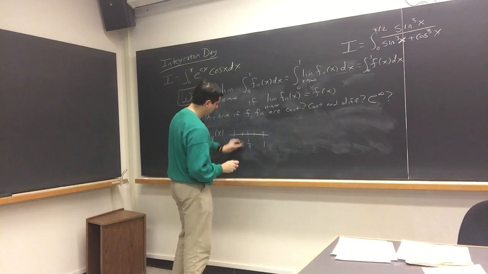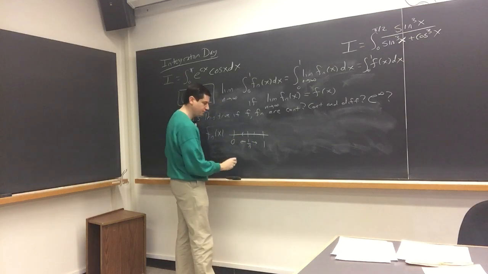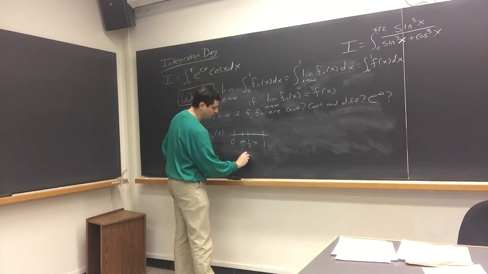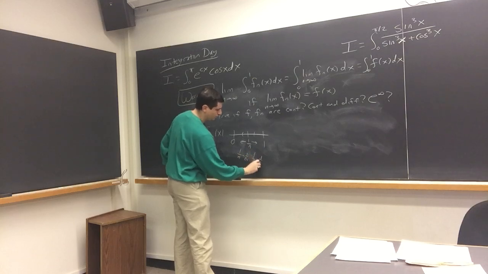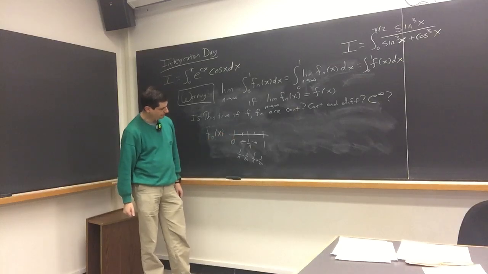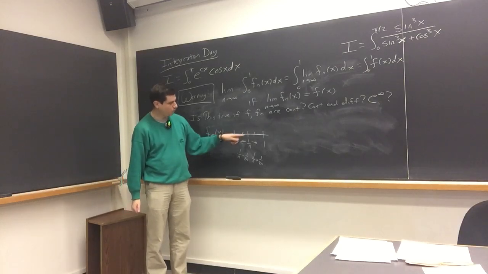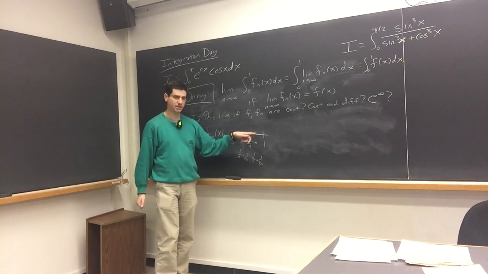What I want to do is take an interval of size 1 over 2n on each side. So this is 1 over n minus 1 over 2n, and this would be 1 over n plus 1 over 2n. So I have something of width 1 over n at 1 over n. It doesn't hit 0, it doesn't hit 1.